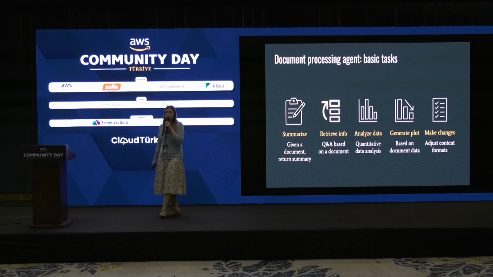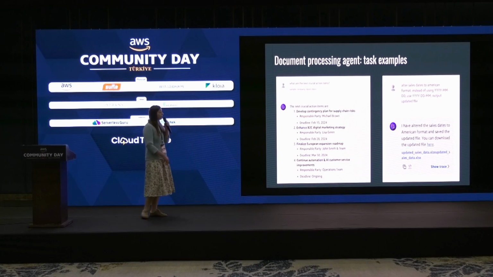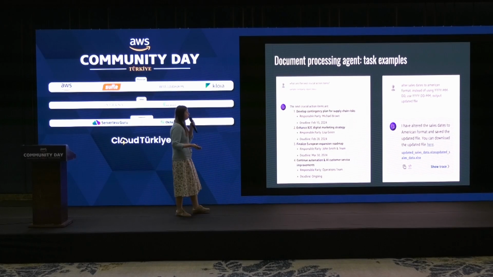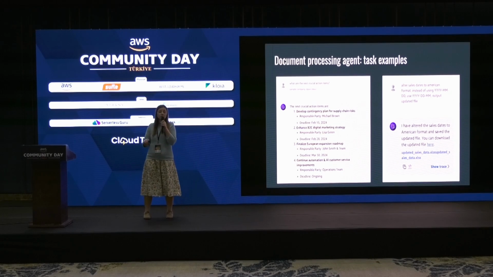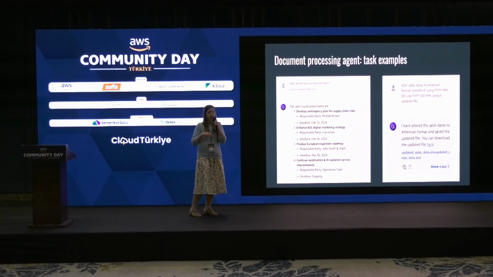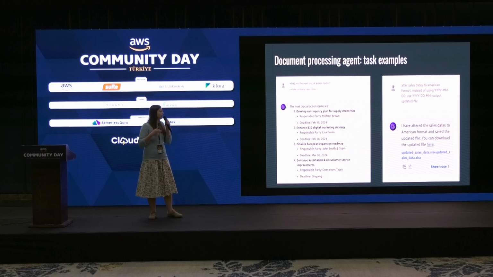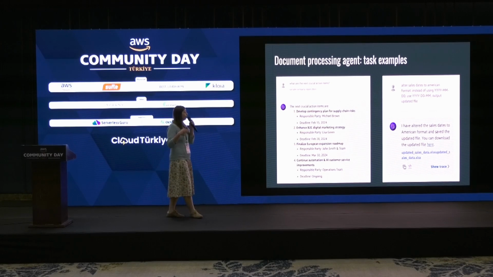This is pretty boring for humans and can be easily automated. These are just examples. The first screenshot is when we need to ask a specific question based on the document. The second is altering the date format. Imagine that we have a year, month, day format, and we need to convert it to American format, like month, day, year.